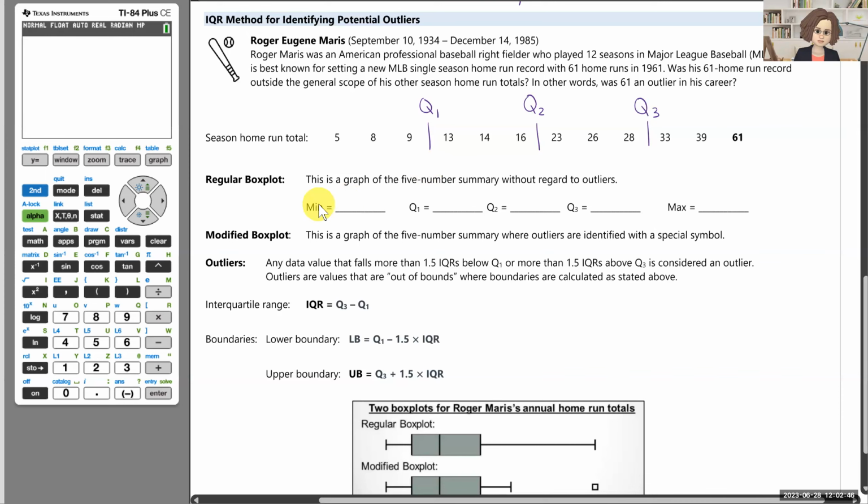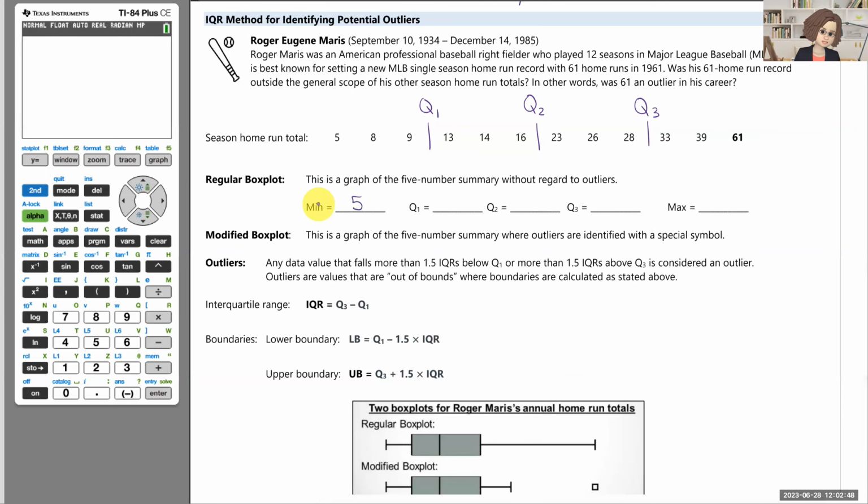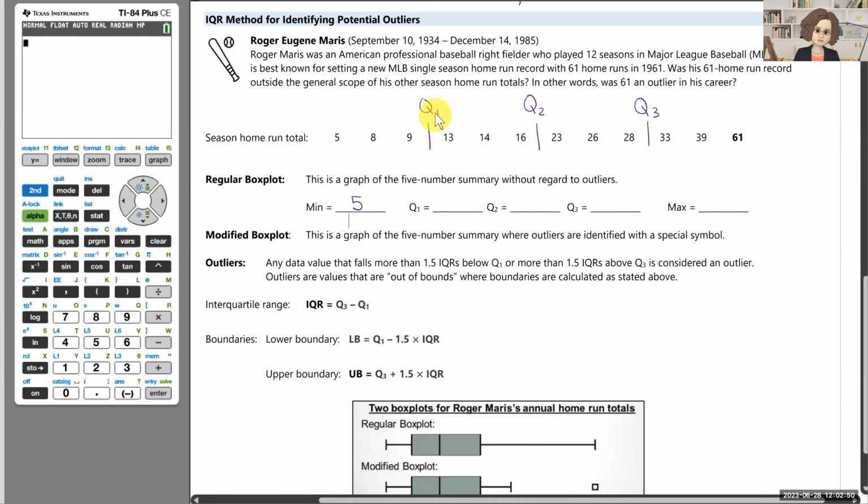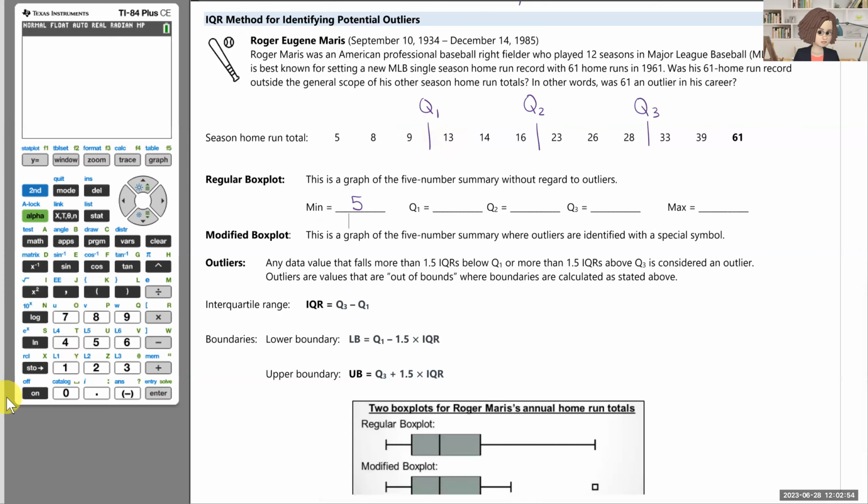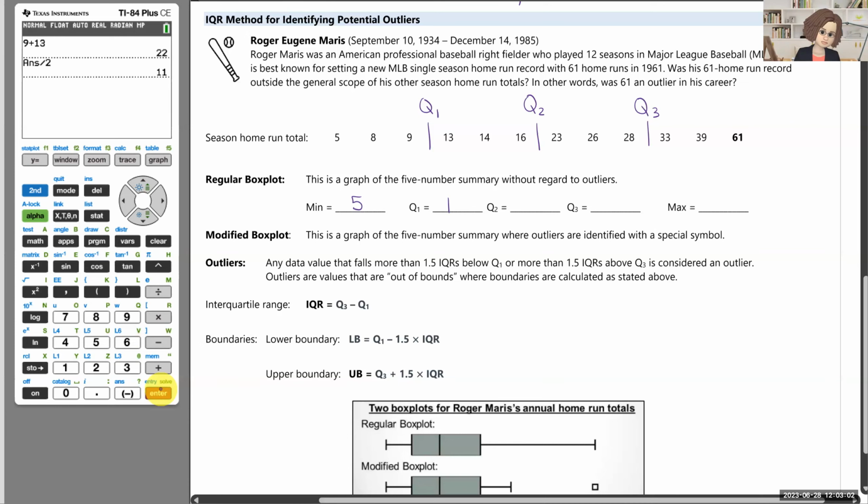So the minimum value is 5. And then Q1 will be the average of 9 and 13. You can do that on your calculator if you would like. Just add the 9 and the 13, divide by 2 to find that average, which is 11.